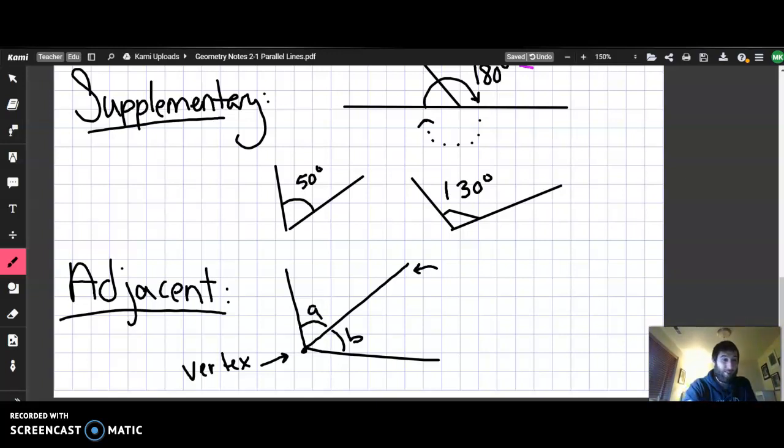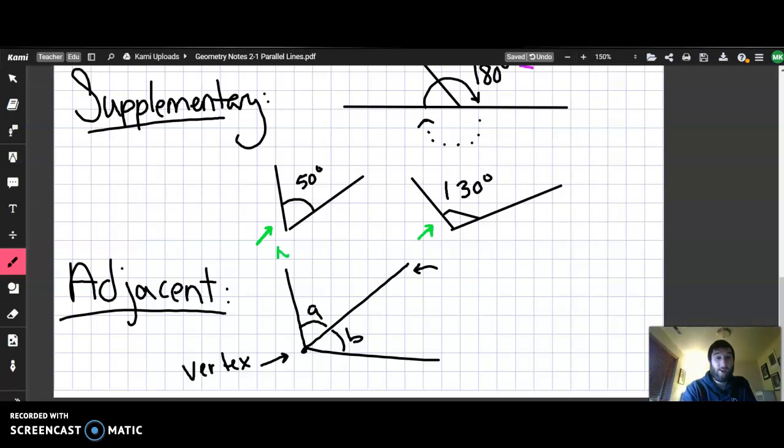If I take the previous example, the supplementary angles, I'll go ahead and point at them in green. If I take these two angles, even though I drew them next to each other, 50 and 30 are next to each other, they are not adjacent because they're not attached, because they're not sharing that vertex and ray.